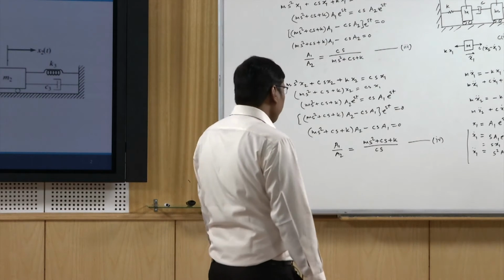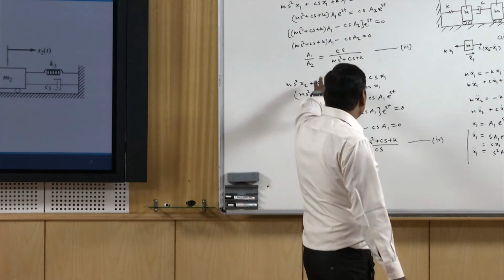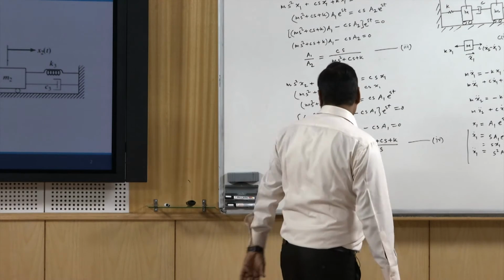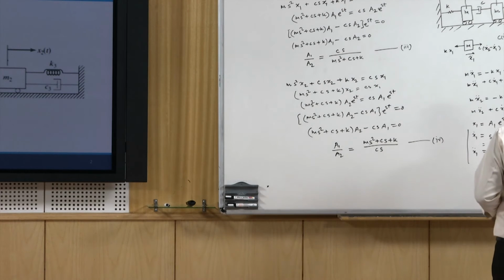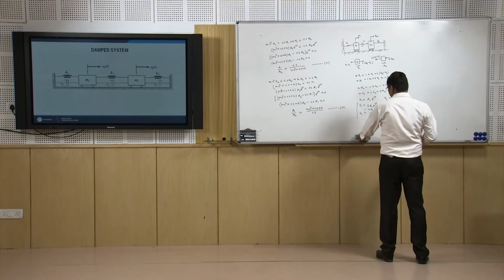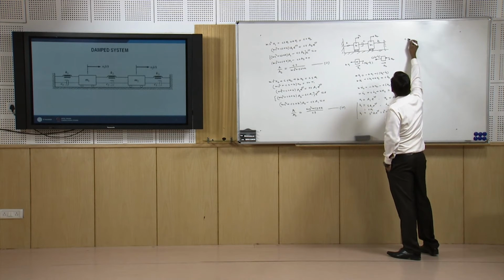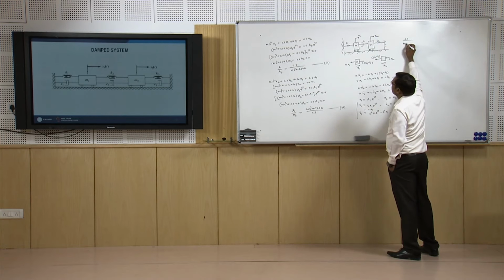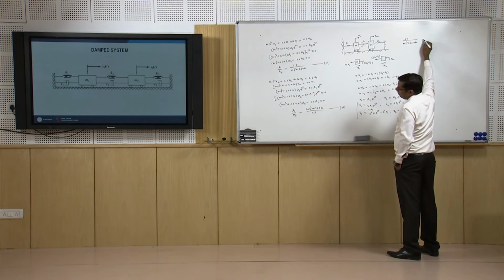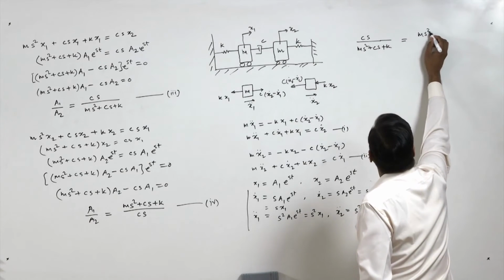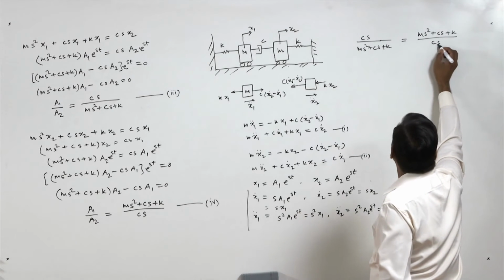Okay, so we get this amplitude ratio a1 by a2. Now what we can do is equate equations 3 and 4, because both are the ratios a1 by a2. So we get c s by (m s square plus c s plus k) equal to (m s square plus c s plus k) upon c s.